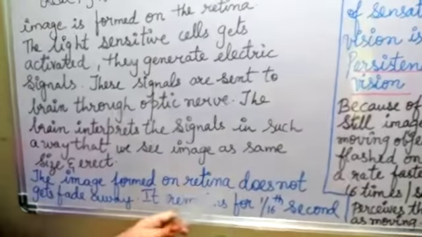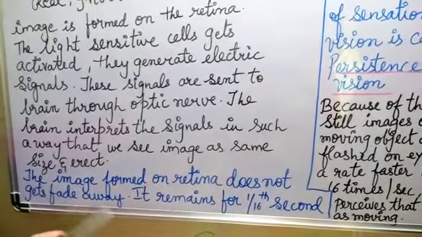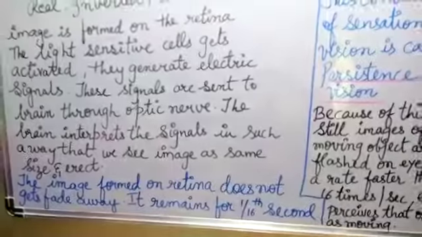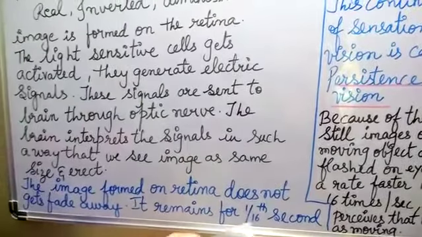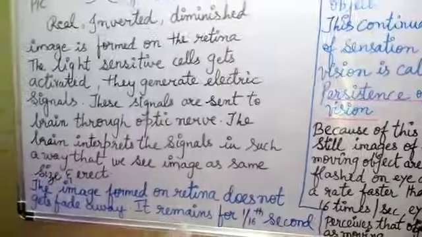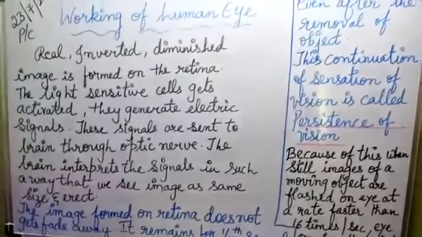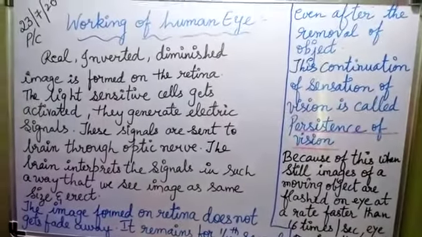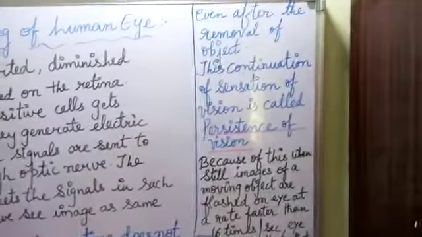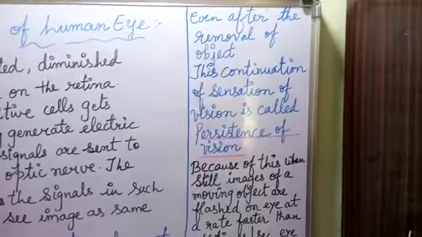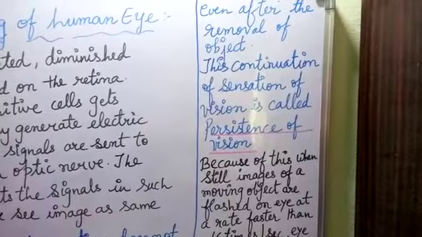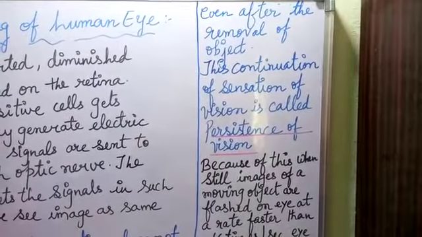The image formed on the retina does not fade away immediately. It remains on the retina for 1/16th of a second, even after the removal of the object.